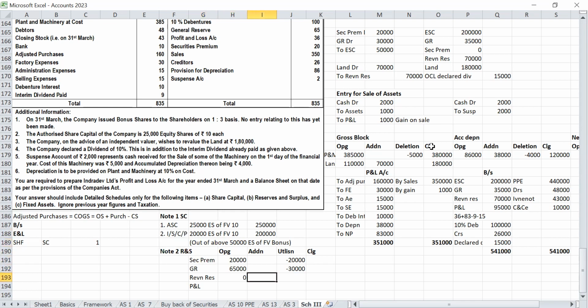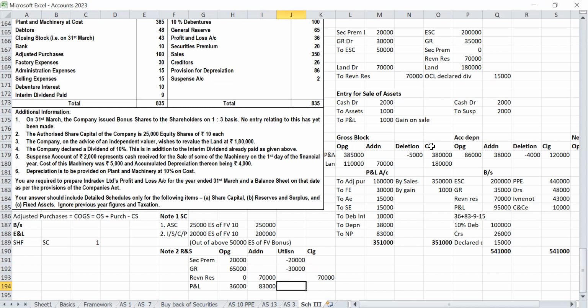Revaluation reserve: 0 opening balance, 70,000 addition, so closing balance is 70,000. Profit and loss account opening 36,000. Profit you have to fill after preparing the profit and loss account; now I cannot prepare it, but still here we have the number, so 83,000 I'm writing here.